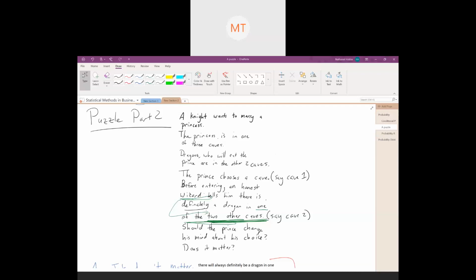That made more sense for me because it's almost like there's a 99% chance that it's the cave that he hasn't chosen, because the wizard revealed all the other caves. He's not going to reveal the one with the princess. So you had a 1 in 100 chance of choosing initially, and now the wizard revealed all the other caves. So you still only have a 1 in 100 chance of sticking with the cave you chose, but the other cave has a much better chance of having the princess in it.